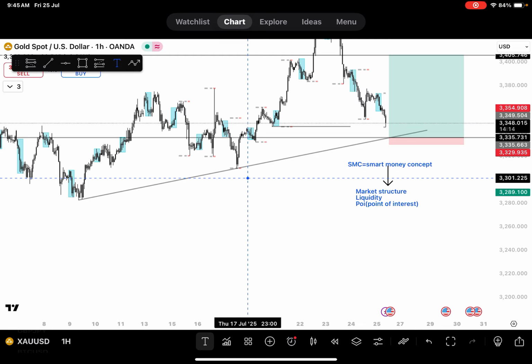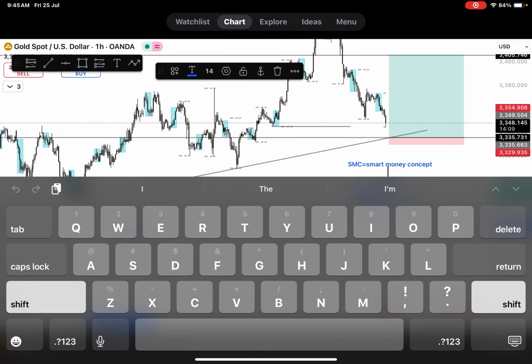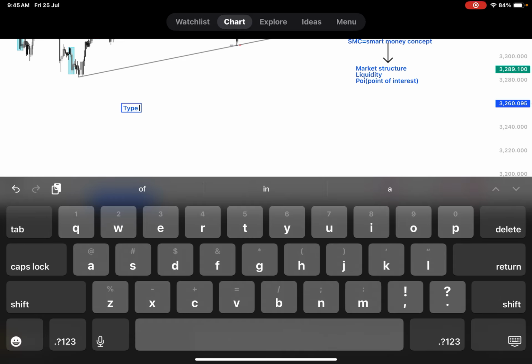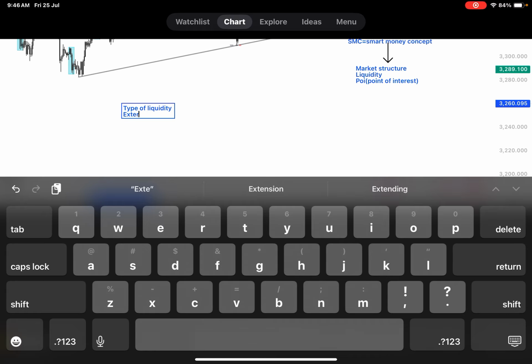Now let me write it down for you guys so you understand. Types of liquidity. We have external range liquidity.